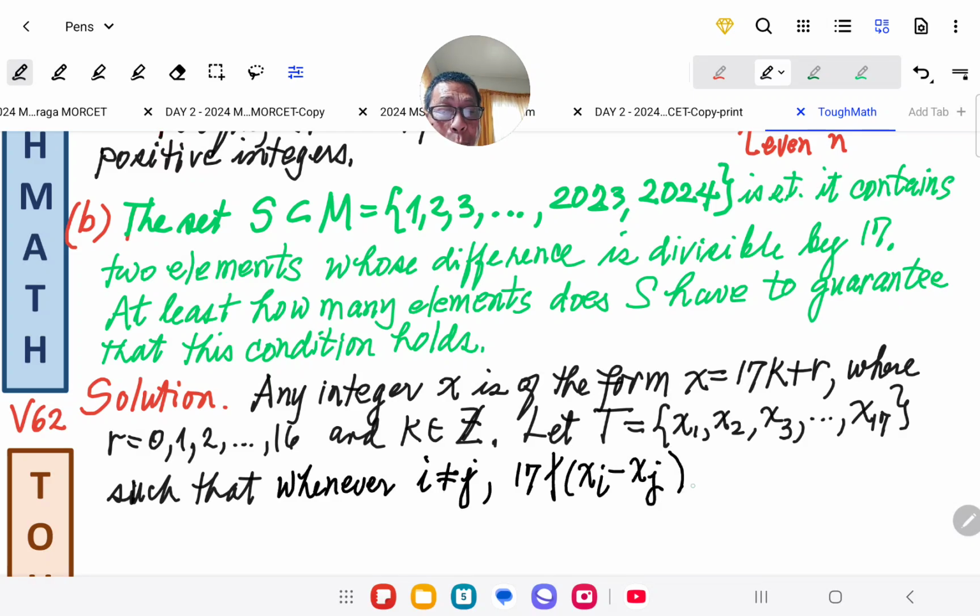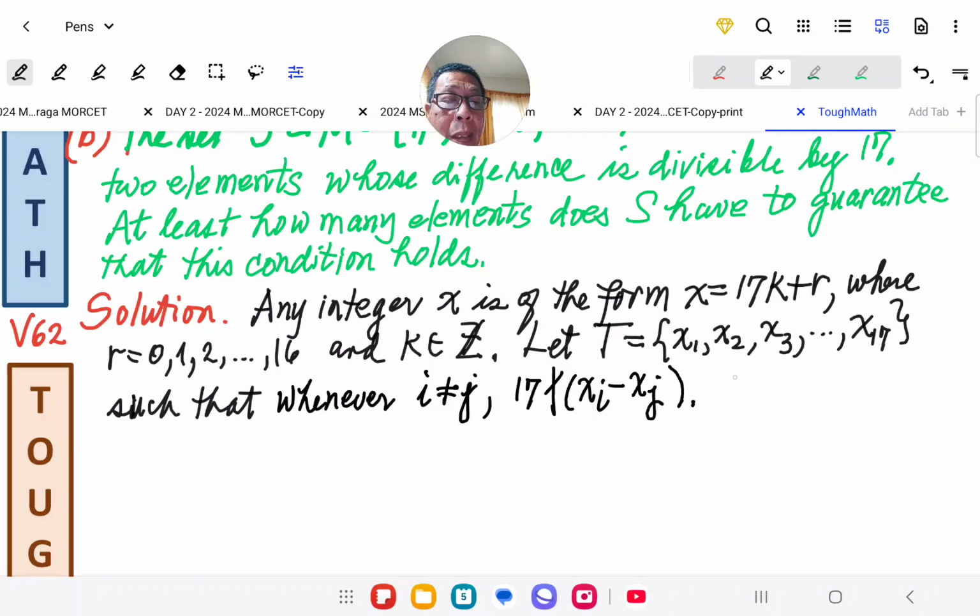Okay. So T is not S because T does not satisfy the given condition. Now, let x sub p be an element of M but not of T.